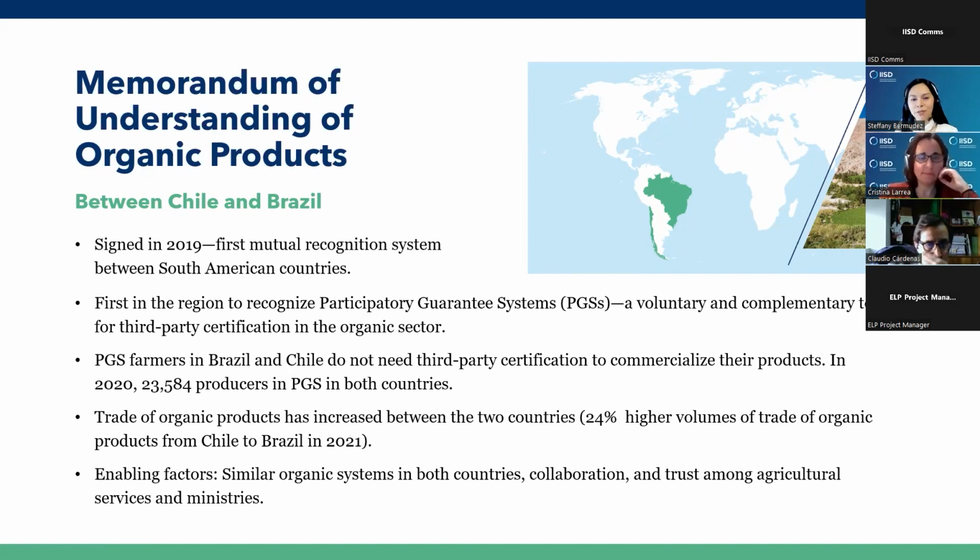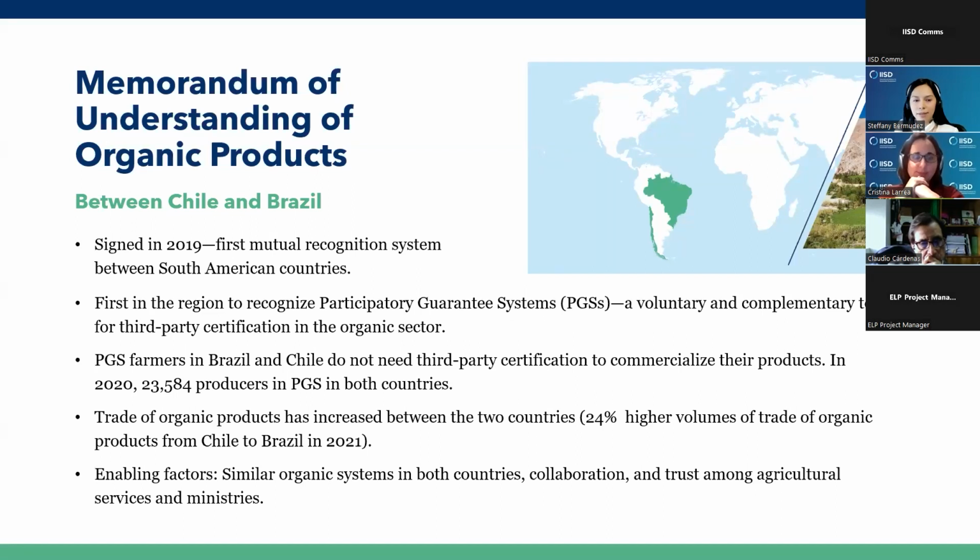As a result, farmers associated through PGS groups in Brazil and Chile don't need third-party certification to commercialize their products. In 2020, there were over 20,000 producers involved in PGS in both countries, and they produced wine, fruits, and other processed products such as dried fruits.